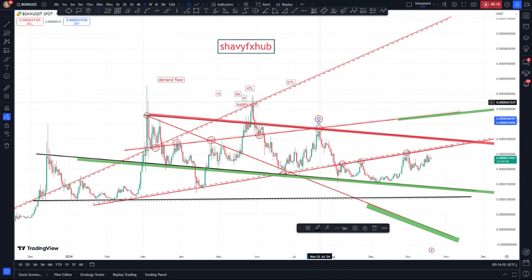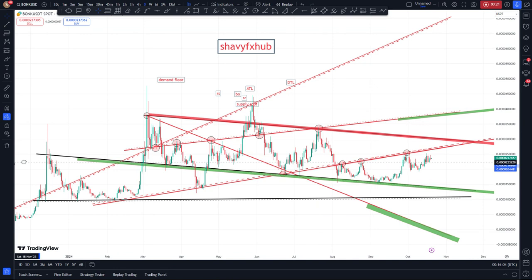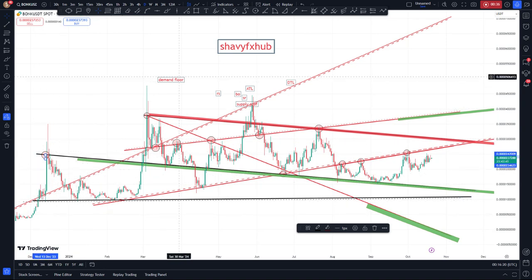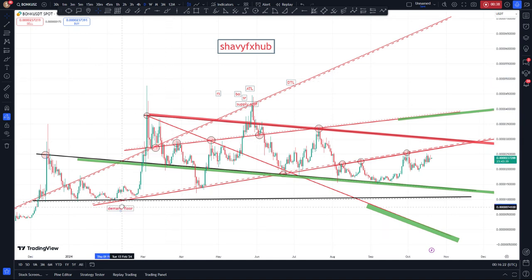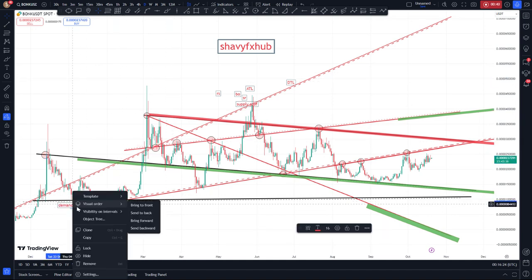So we'll have a price rejection level here, and we have a floor here, a demand floor. It's a demand floor.